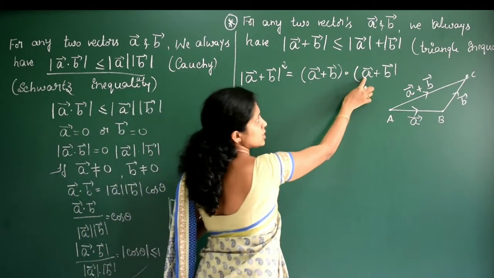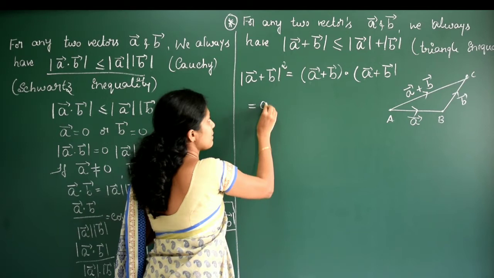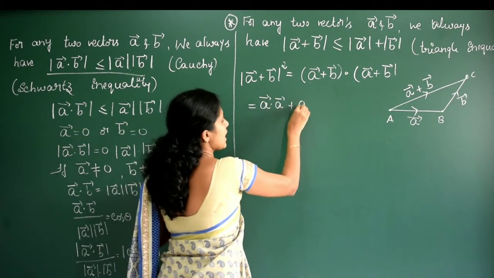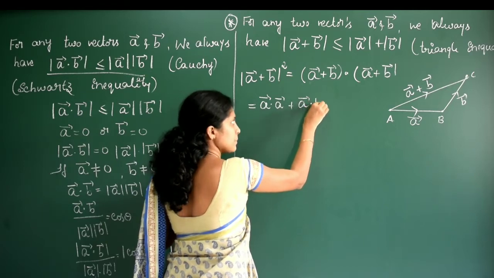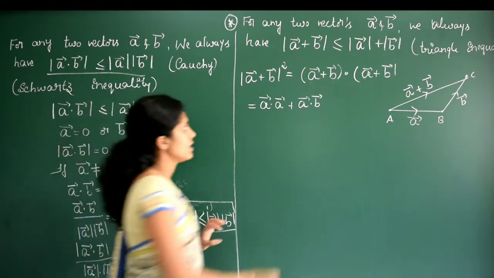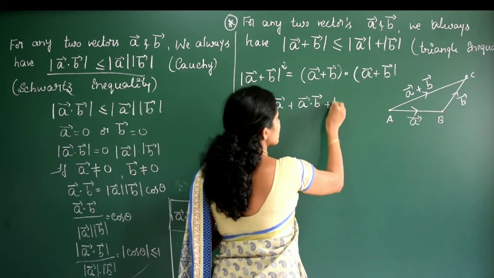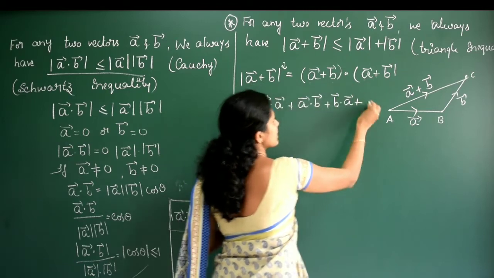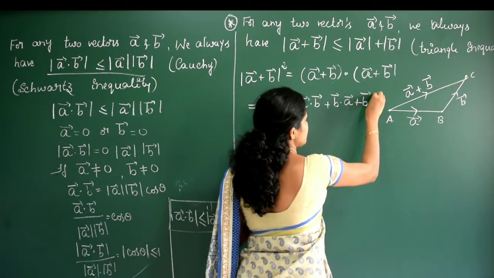A vector dot a vector, right? We are multiplying a vector dot a vector plus a vector dot b vector. Next you have to multiply by b. So this will be b vector dot a vector, right? Plus b vector dot b vector.